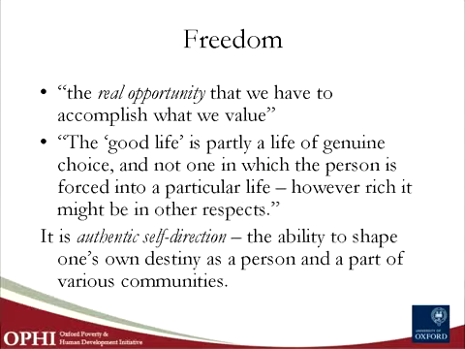So I said that capabilities are made up of two parts, functionings and freedoms. Freedoms are the doings and beings you value and have reason to value, the intersection of those two sets. Now let's turn to freedoms. Freedom, this quote is from Development as Freedom, I already mentioned, is the real opportunity that we have to accomplish what we value.